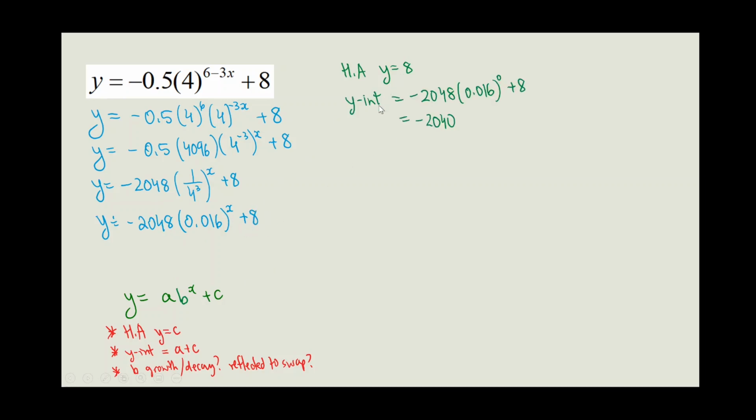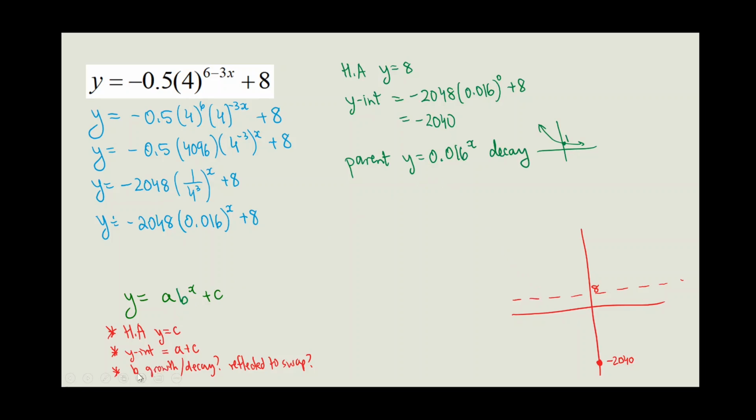Identify your y-intercept. Plug in 0 into the exponent. Simplify that, you get this number. Do a bit of a sketch here, and I know the scale is completely wonky here. Size 8 compared to this almost over 2000, but just make sure you label everything, and that's fine.